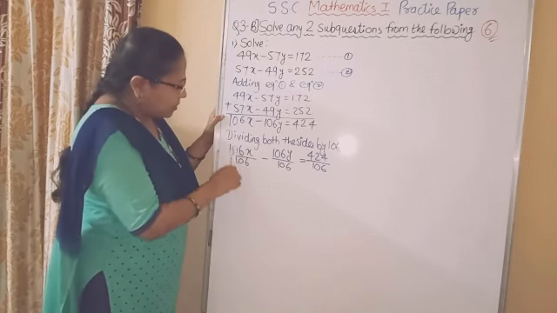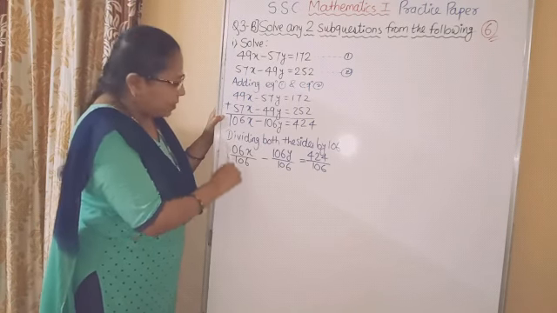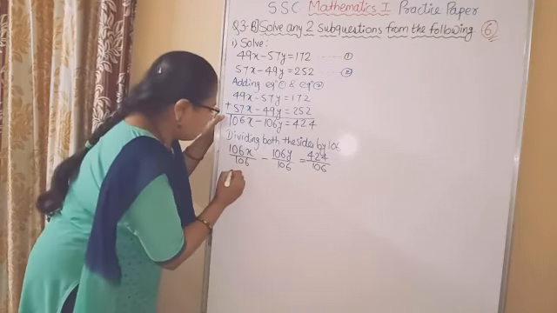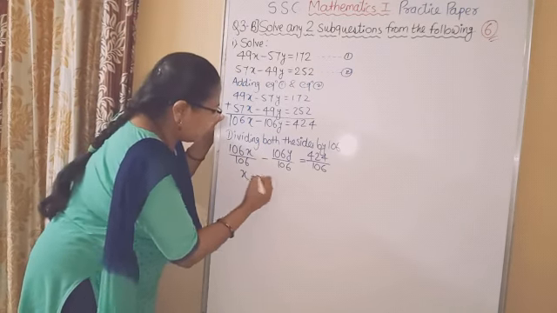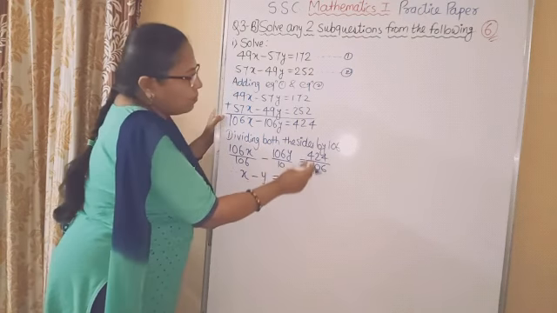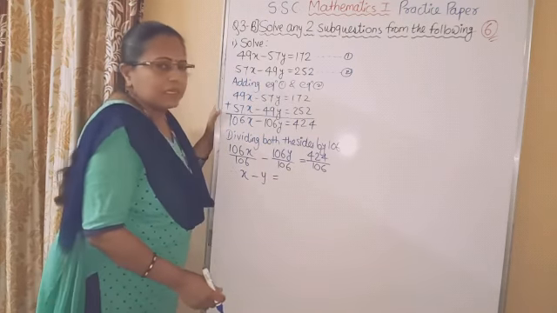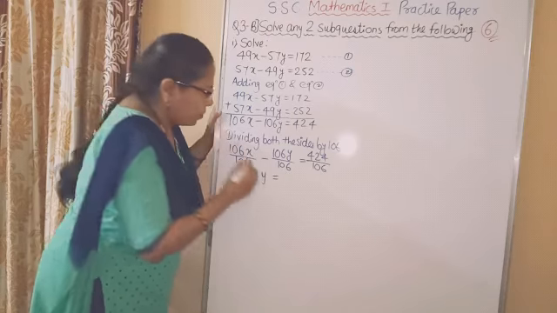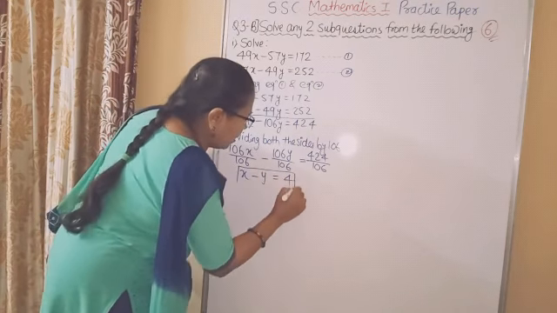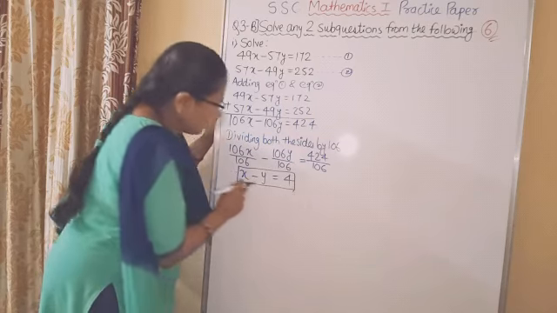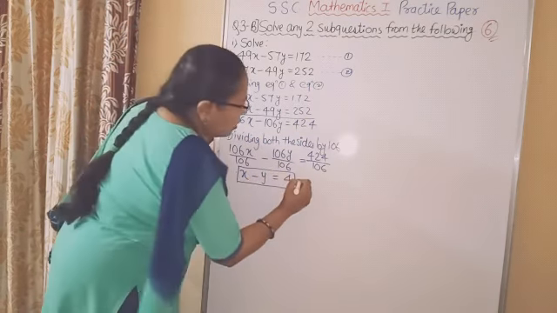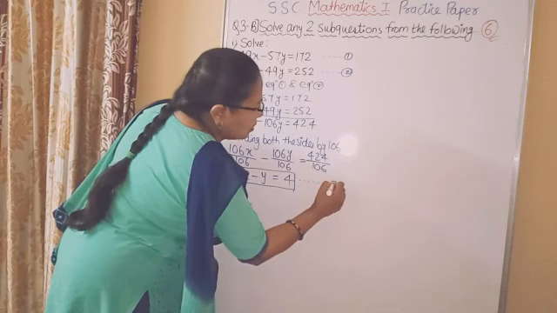This 106 gets divided. So answer is 1. So 1x we never write, so write only x. Minus, here also you will get y. 424 divided by 106, you will get answer 4. So this is our new equation, which is the simple equation, x minus y equal to 4. Give here equation number 3.